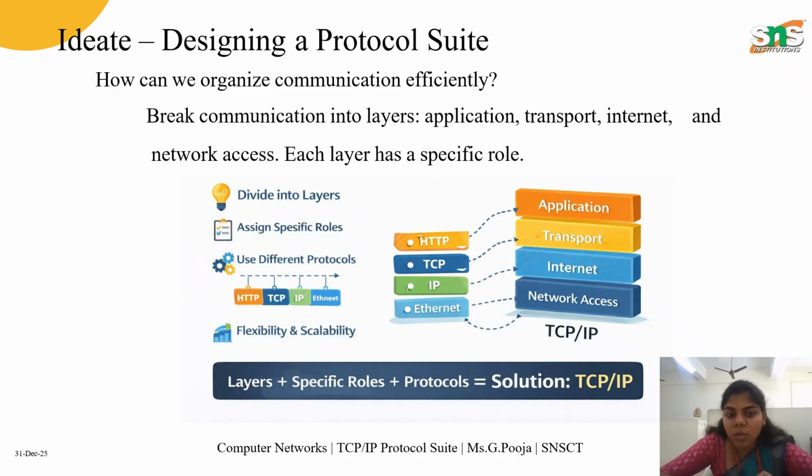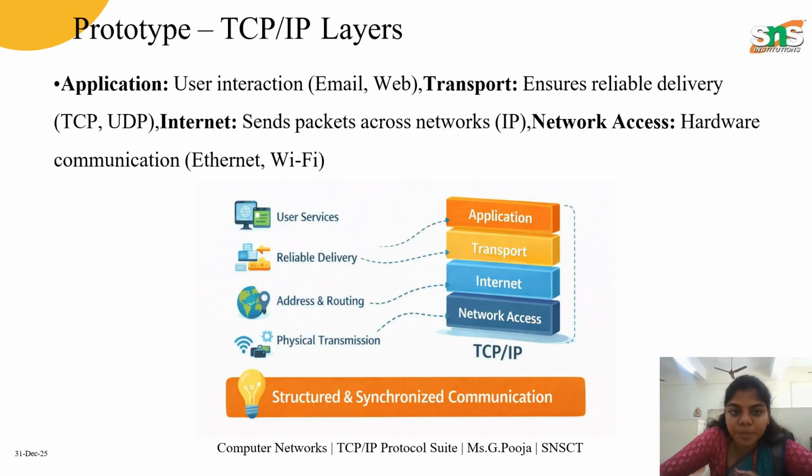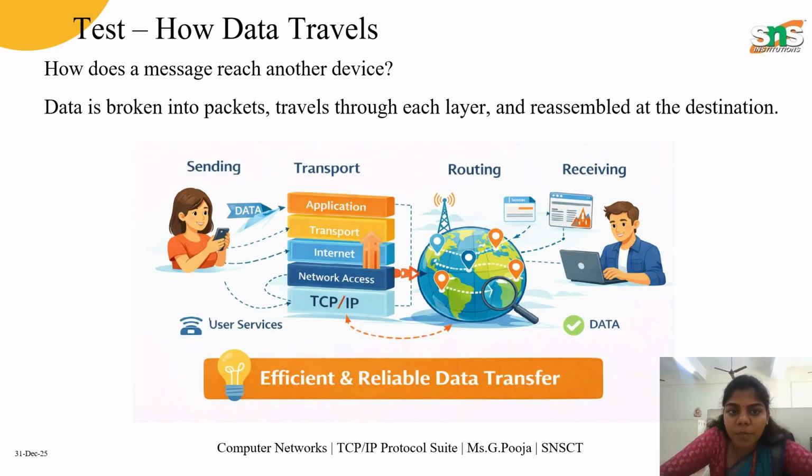In OSI there are 7 layers, and the TCP suite has 4 to 5 layers. These are the application layer, transport layer, internet layer, and network access layer. Layers plus specific roles plus protocols give a particular solution. That is called TCP/IP.